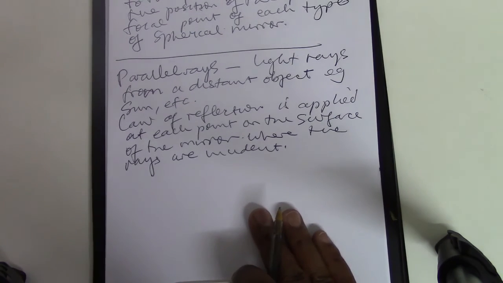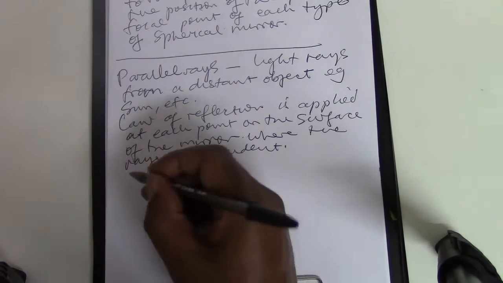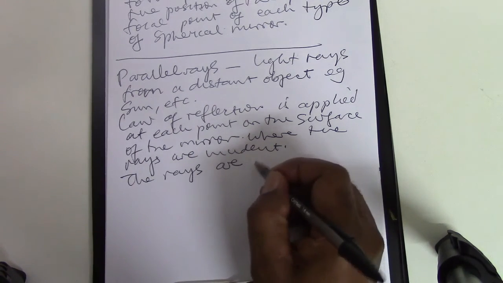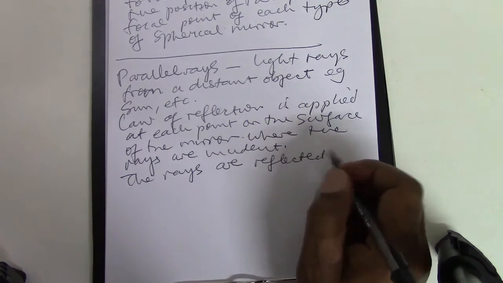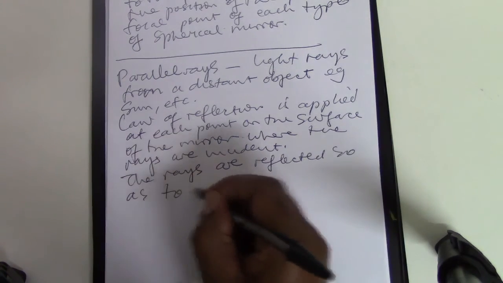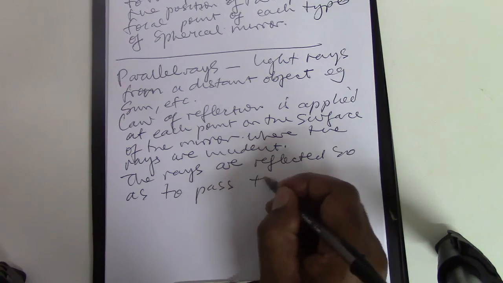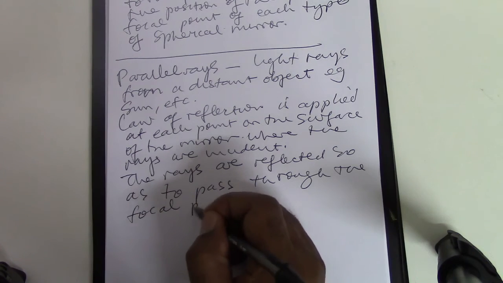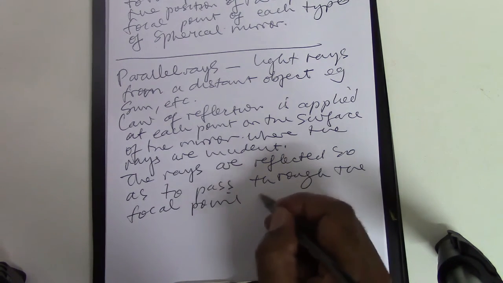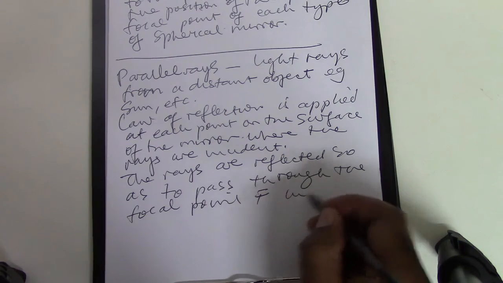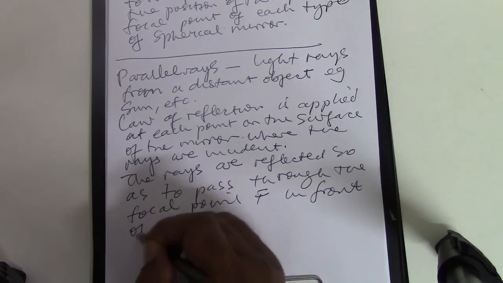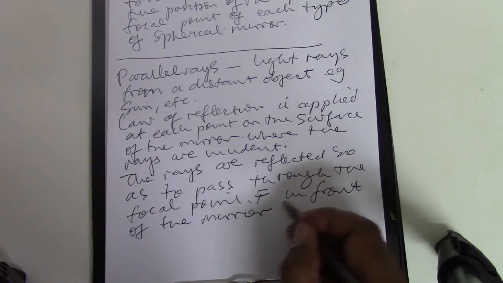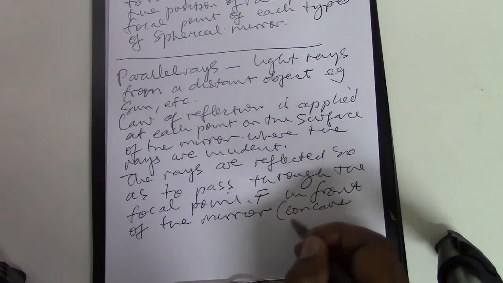Now, the rays are reflected so as to pass through the focal point F in front of the mirror. Right, here we are talking of a concave mirror.